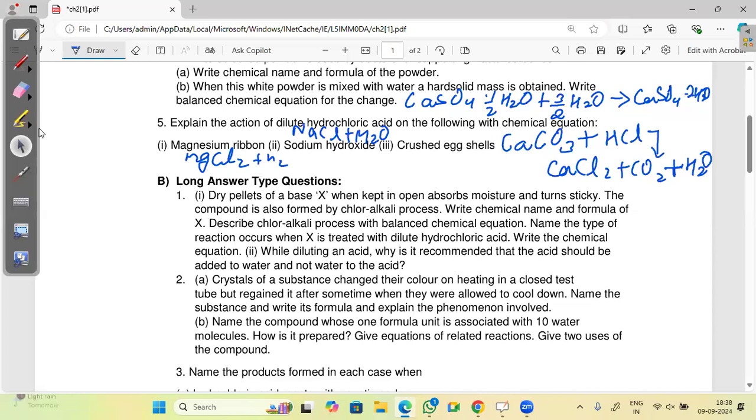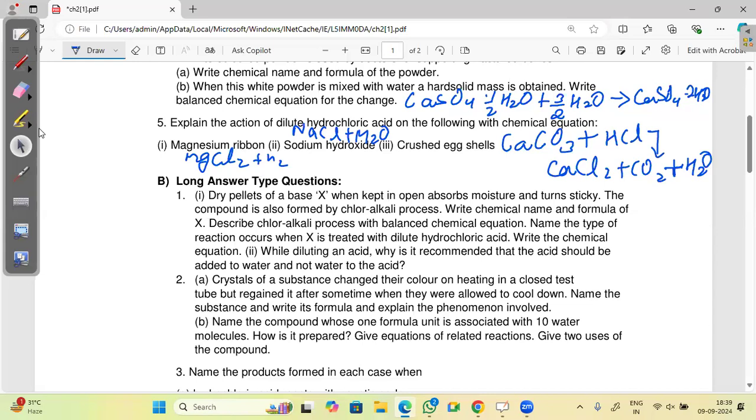What were the products obtained during the chloralkali process? Chlorine, hydrogen, and sodium hydroxide. Now, out of the three, which one is obtained in the solid state? Sodium hydroxide.